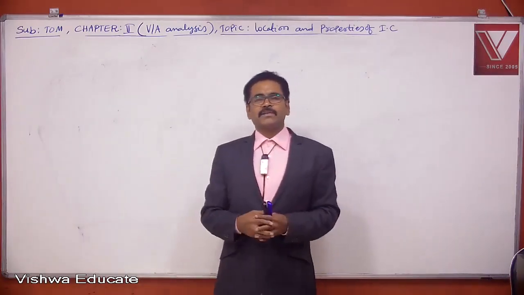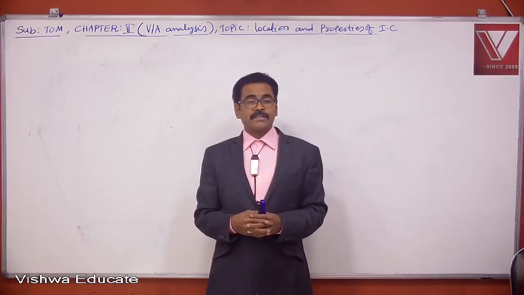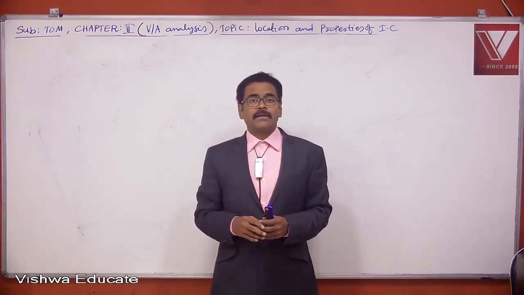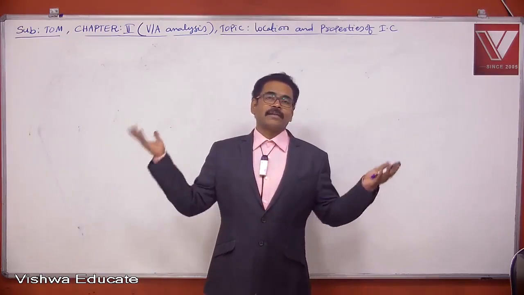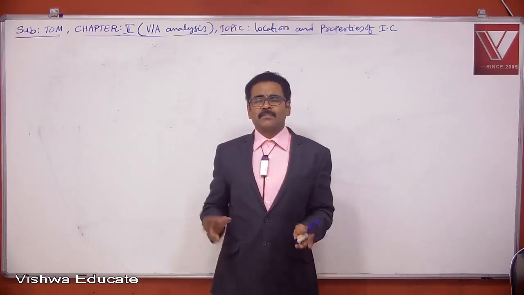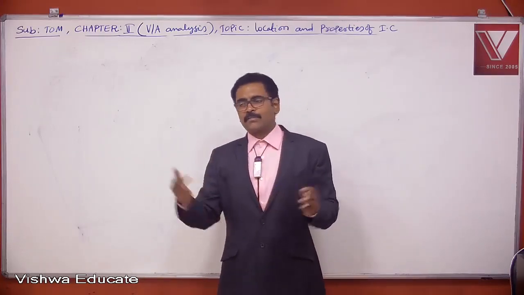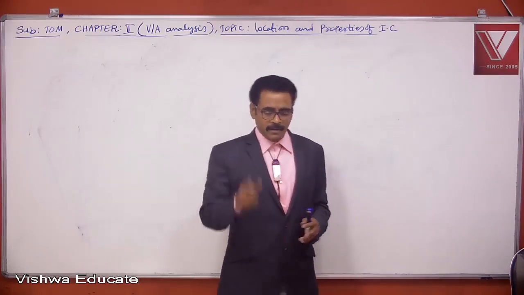Sometimes IC may lie at the joint of 2 links. Sometimes IC may lie on a link somewhere. Sometimes IC may lie out of links. Anywhere it may lie. It may lie at a joint, it may lie on a link, or it may lie out of links. Next property.